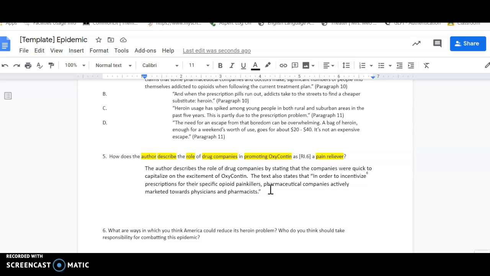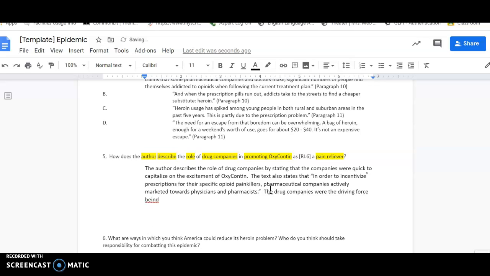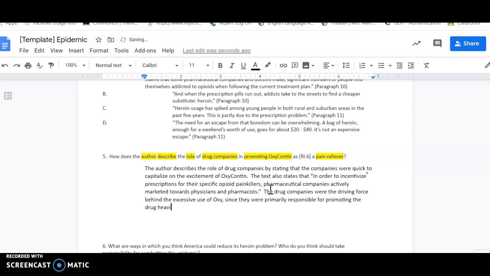So the drug companies were the driving force behind the excessive use of Oxy, since they were primarily responsible for promoting the drug.